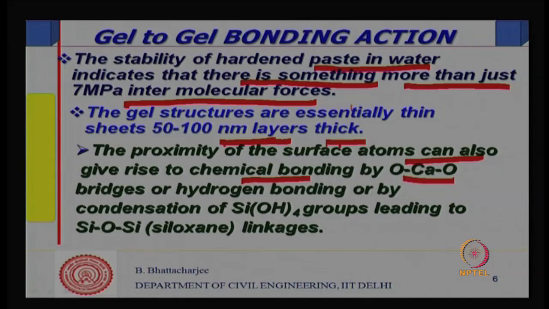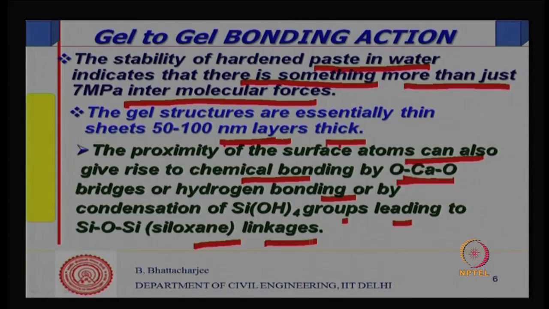One of the ideas suggested is that between the surfaces, calcium to oxygen bonding might be there, between gel sheets, or hydrogen bonding, or condensation of silicon hydroxyl Si(OH)4 groups leading to Si-O-Si linkages.